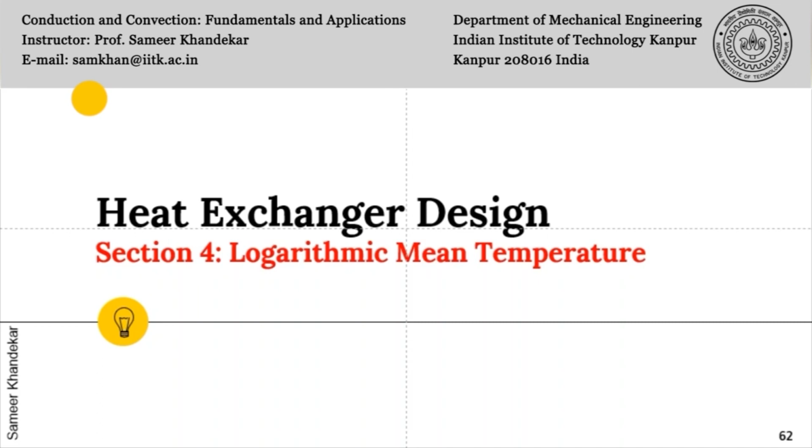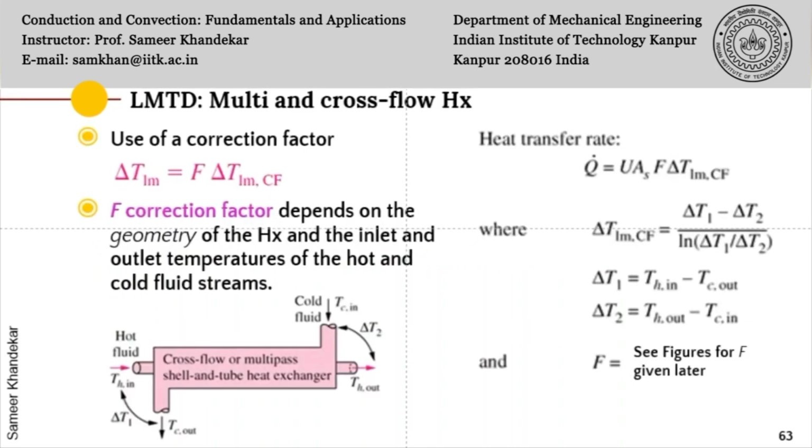Because the complexity of the flow and geometry is quite diverse, we need to find the appropriate correction factor or appropriate logarithmic mean temperature for such complex designs. So this is slide number 62, and we are moving on to slide number 63.